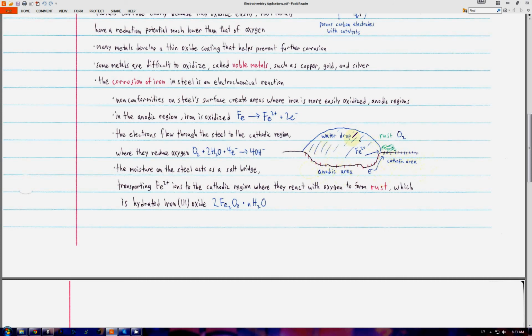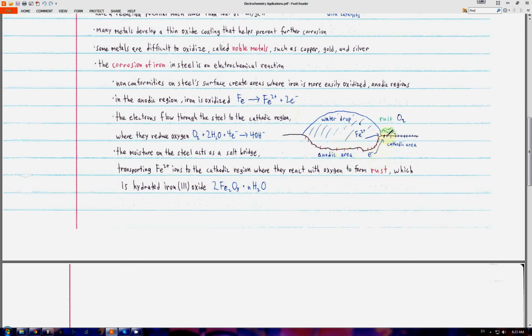And then we need some moisture on the surface of the steel. So in the anodic region, since iron is more easily oxidized, it will be oxidized to produce Fe2+ and some electrons. And then the electrons flow through the steel to the cathodic region, where they reduce the oxygen in the atmosphere.